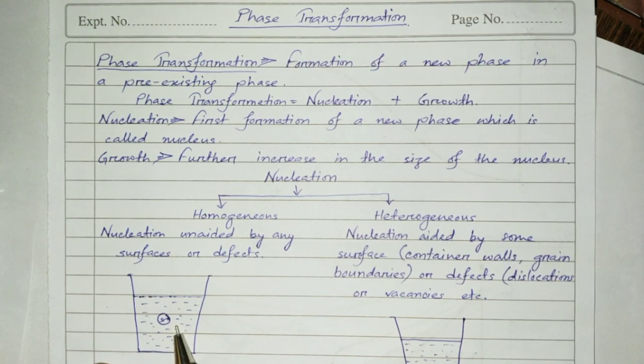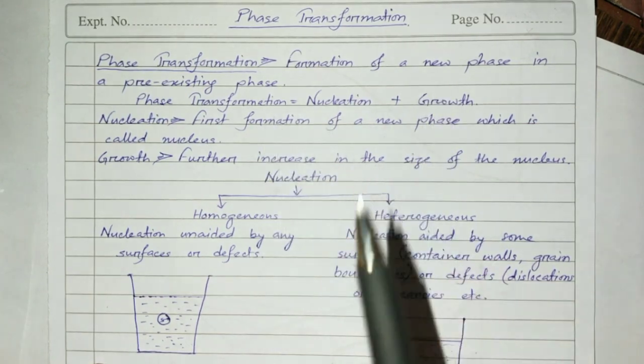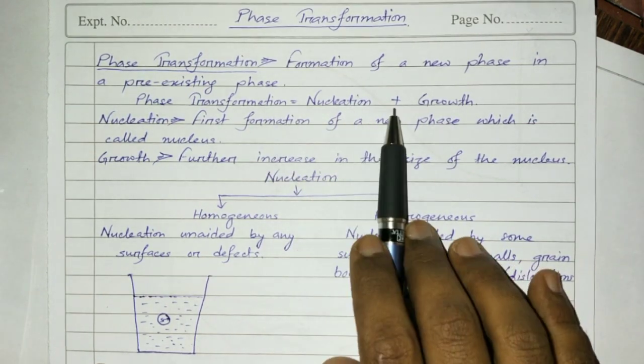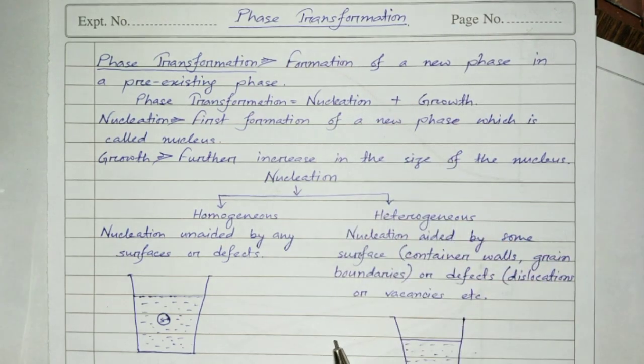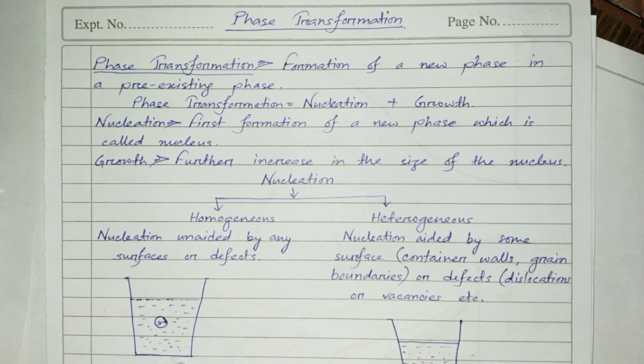Now, the phase transformation process generally consists of two parts. One is nucleation and the second part is growth. What is nucleation? As I have told you, the pre-existing phase was liquid. To initiate phase transformation, a small solid phase will be generated, and that is what is called nucleation.